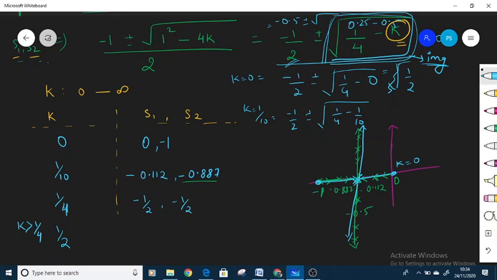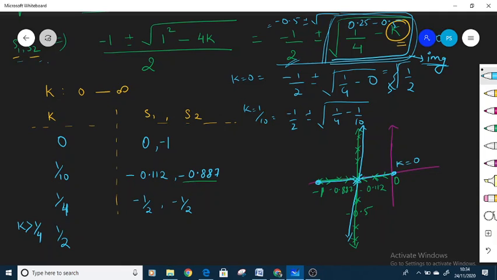This is the numerical expression from where we are deriving this. This is how the location of the poles is affected if we vary the value of k.